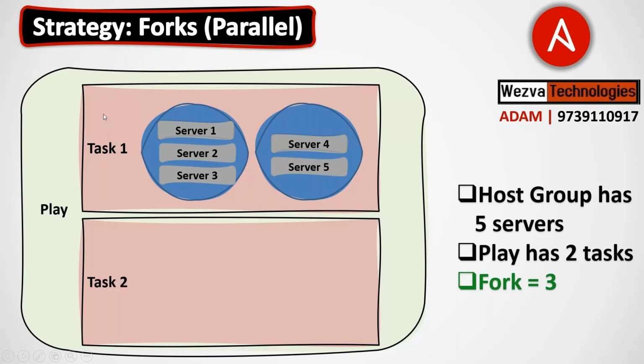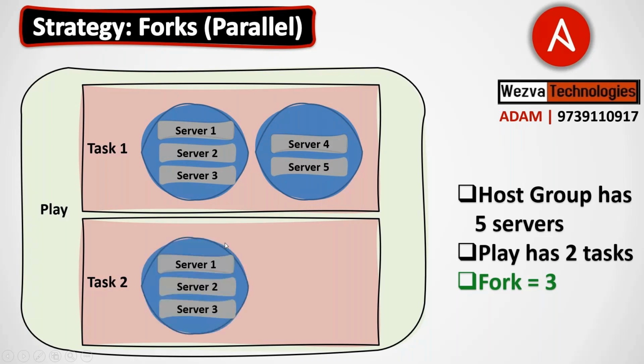But once again, when you say task 2, instead of running all the machines in parallel, since you have given fork 3, it will try to run only 3 machines in parallel. But I have to complete this for all the remaining machines, right? So the next time for the same task 2, it will pick up the next remaining 2 or 3 machines.